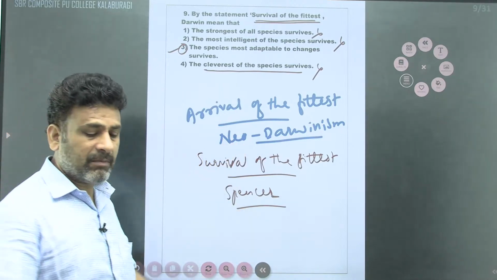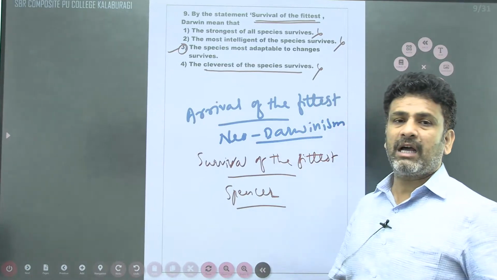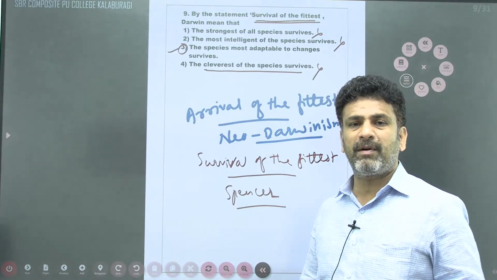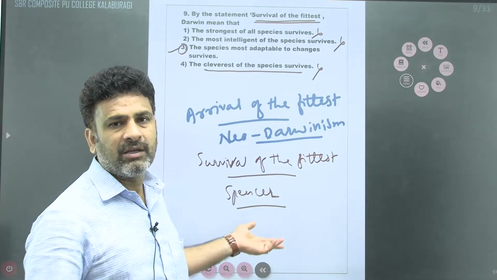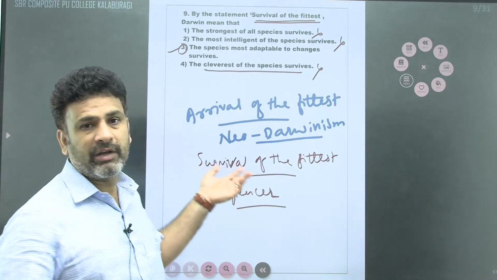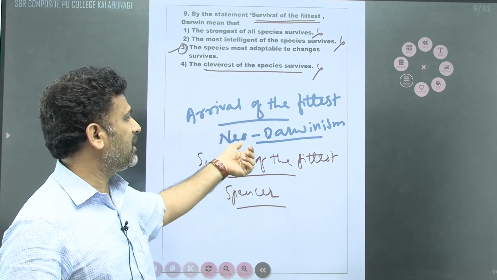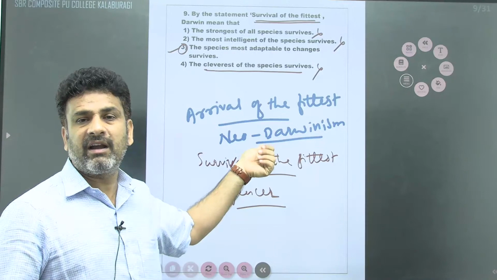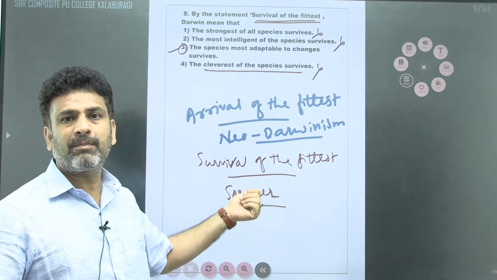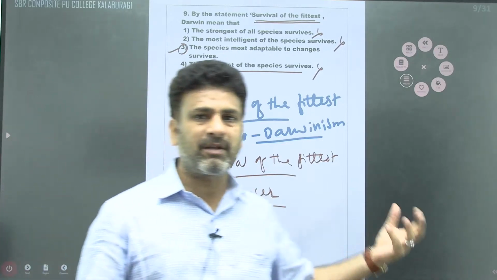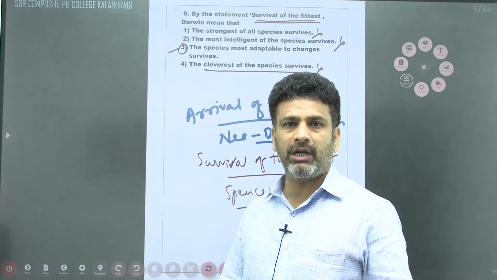The term arrival of the fittest was used by a group of scientists like Huxley, and others. They explained one of the new theories called the synthetic theory of organic evolution, that is neo-Darwinism. It is mainly based upon the concepts of Darwin, the concepts of the Mendelians, and the concepts of Hugo de Vries.